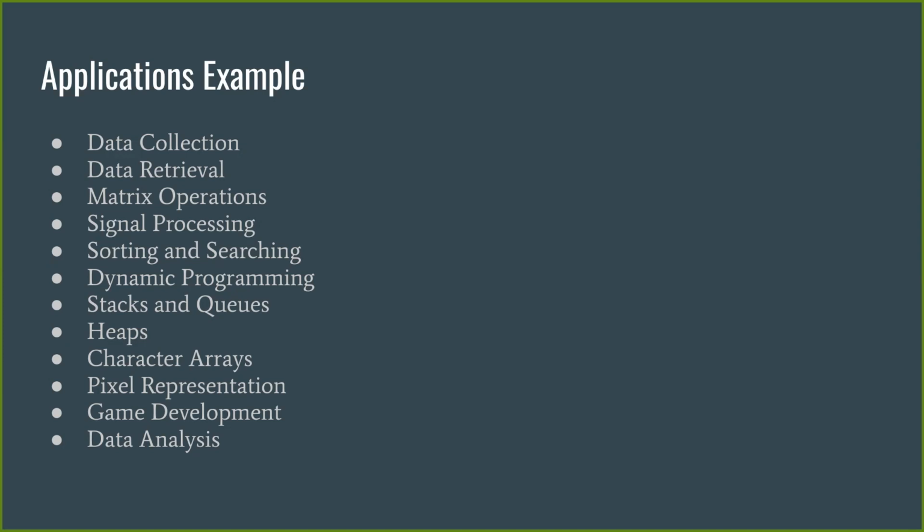And in game development, arrays can definitely be used to manage game elements. You can think of using an array to store the positions of all players on a game map. That would be an example.